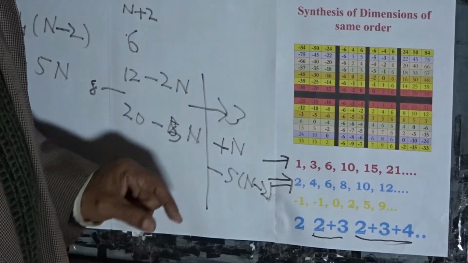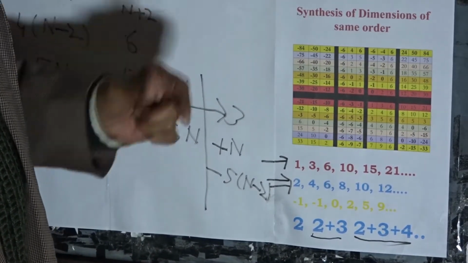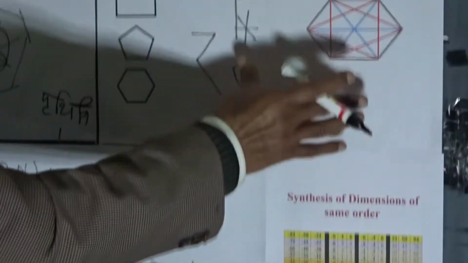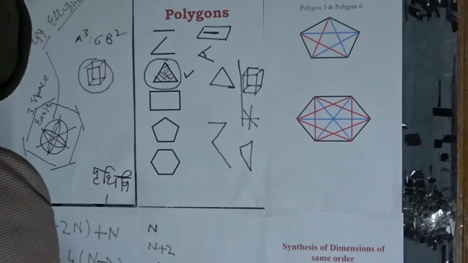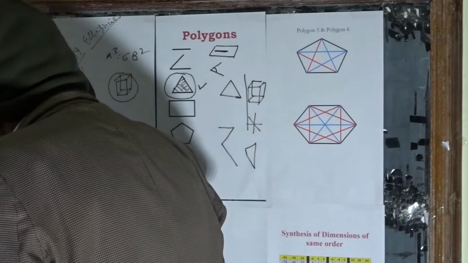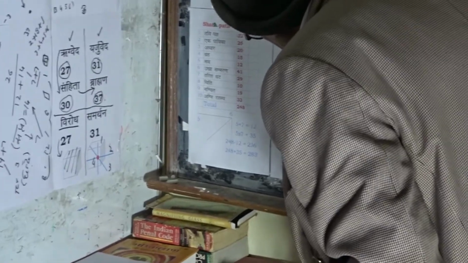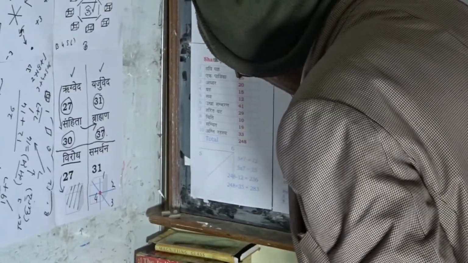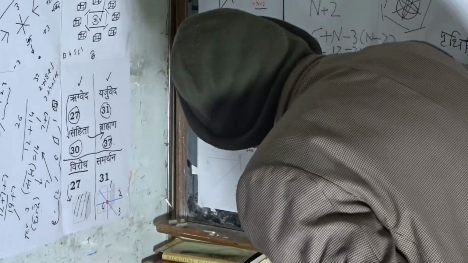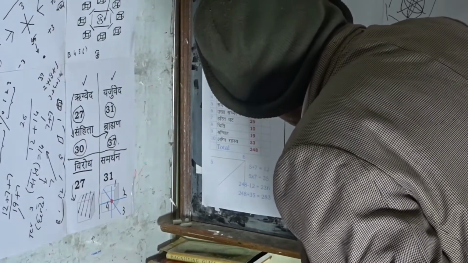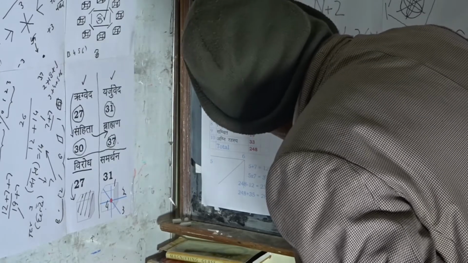Now see the diagonals. The diagonals of the polygons, as these are, will lead us to the same pattern. A polygon 4 is giving us a pair of internal diagonals. Polygon 6 is giving us triple diagonals passing through the origin.